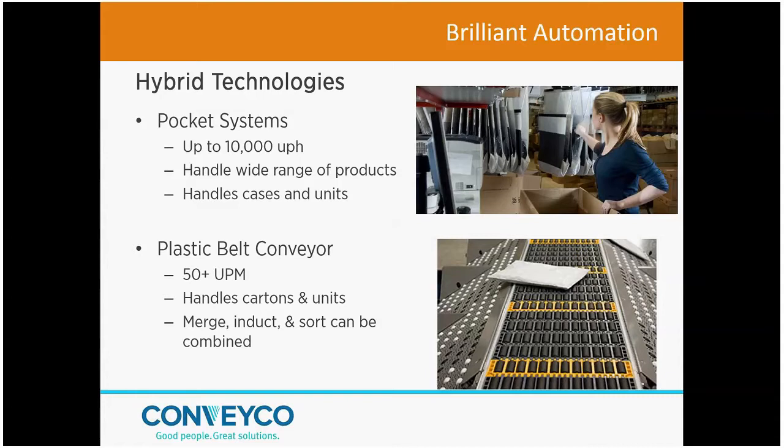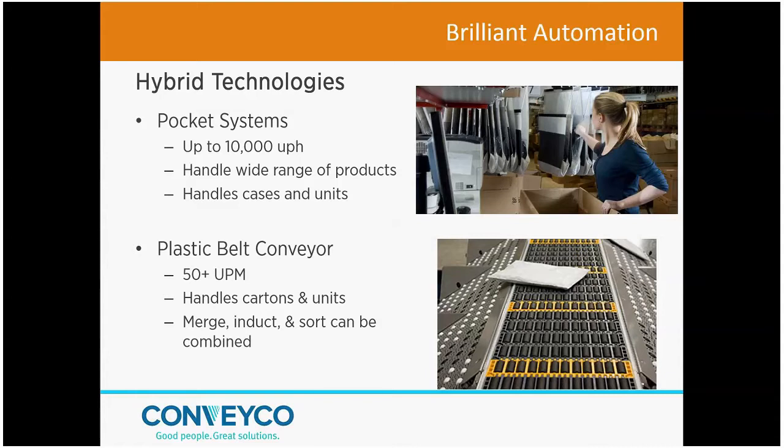Very, very versatile, only with a weight limitation of up to approximately 6 to 10 pounds. But whatever you can fit into that pouch can be handled at rates up to about 10,000 units per hour. It can handle shoes. It can handle small bagged product.